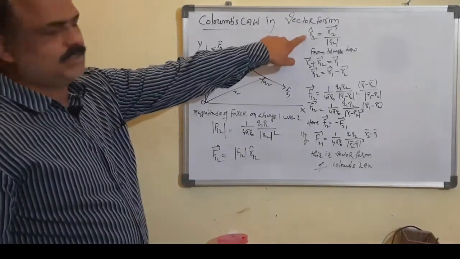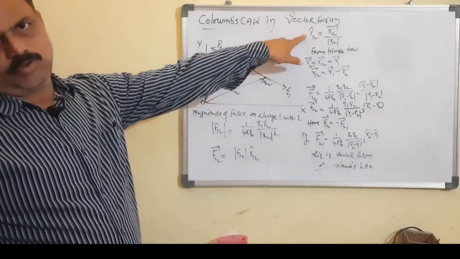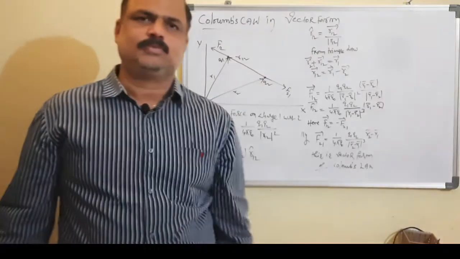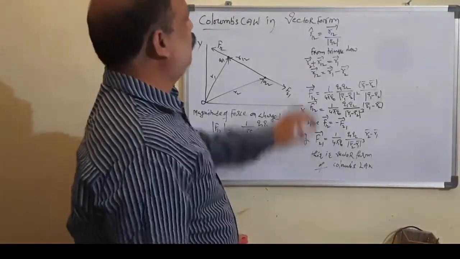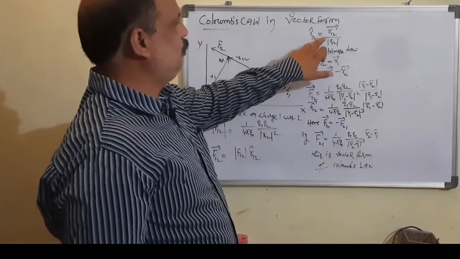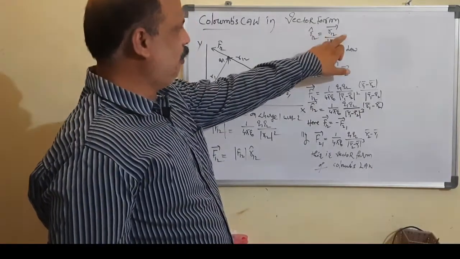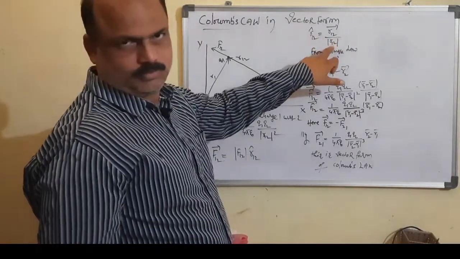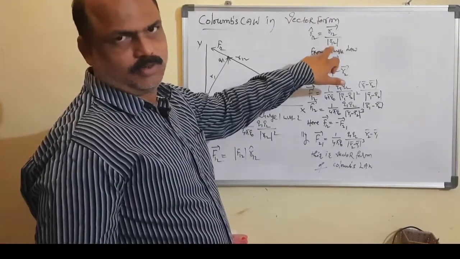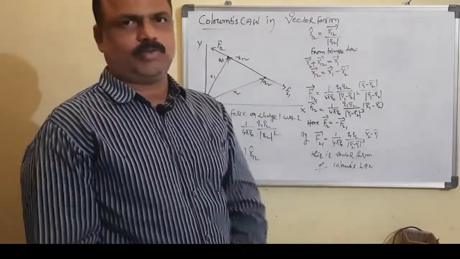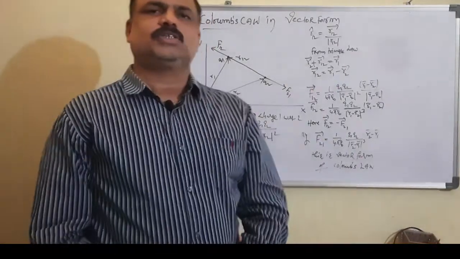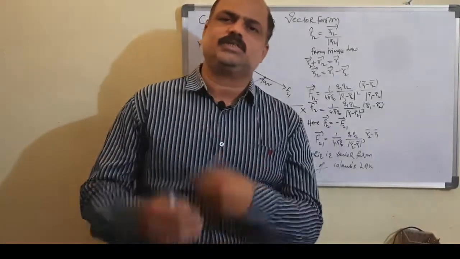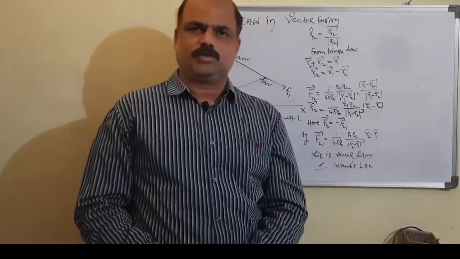We know that in first year, A cap is equal to A bar by mod A, the unit vector. So R12 cap is equal to R12 bar divided by mod R12, that is, the vector divided by the magnitude of that vector. We know the triangle law from first year: the first two sides are taken in order, the third side is taken in reverse order.